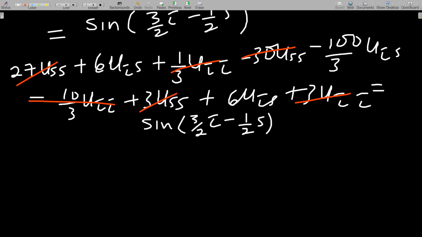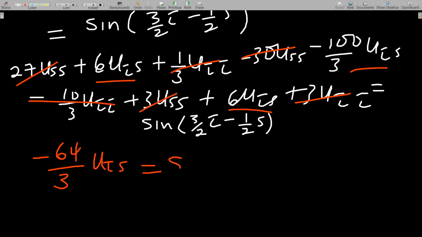So I'll be left with 6U_tau S plus 6U_tau S minus this. If I add all of them, I'll get negative 64 over 3 U_tau S is equal to sine of 3 on 2 tau.